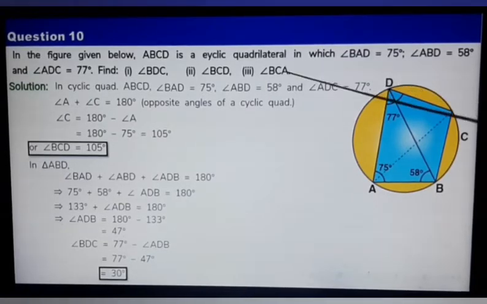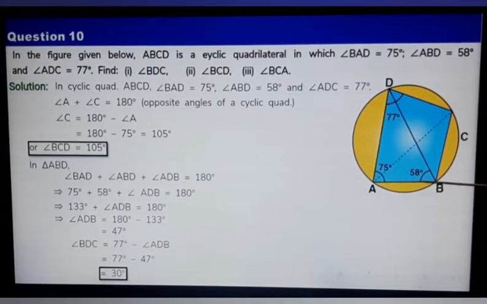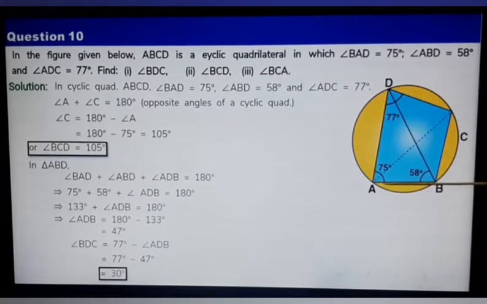Now let us go to the last part, that is angle BCA. BCA is this angle, so this angle we need to calculate. If you see here carefully, if I see this AB as the chord, then this chord divides the circle into two segments, this smaller segment and the rest of the segment. Now let us see whether there are angles in the same segment. We see that this angle and this angle are being formed in the same segment, that is segment AB, right?